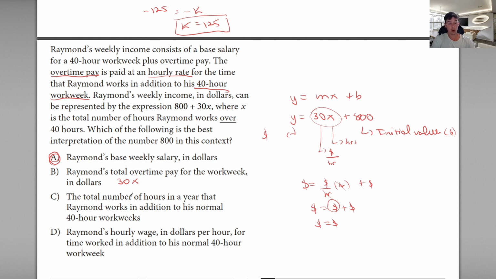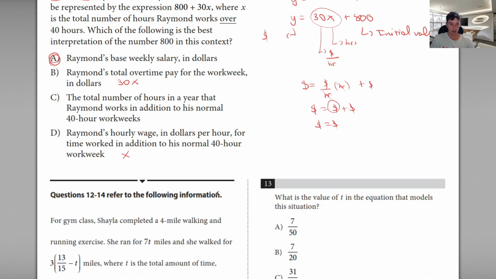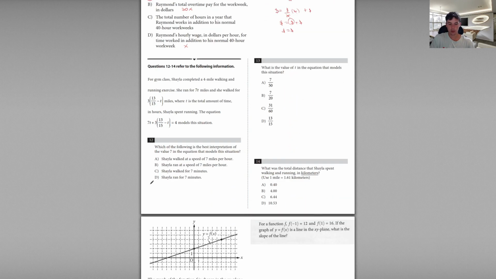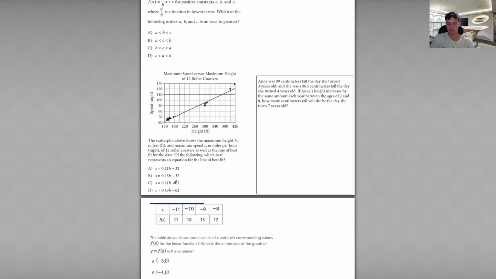The total number of hours in a year that Raymond works in addition to his normal 40-hour working weeks. No, that doesn't make sense. Raymond's hourly wage in dollars per hour for time worked in addition to his normal 40. No, that's 30x. Okay. We're almost done. Nice. We've done a lot of good questions here.